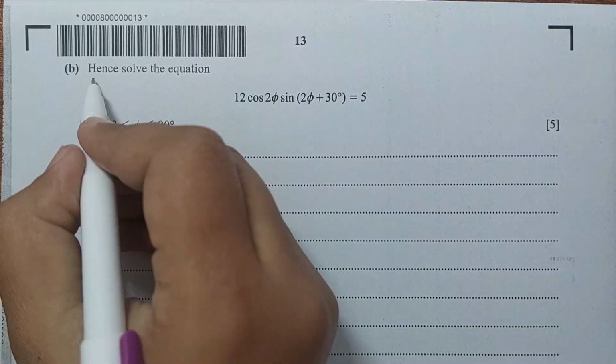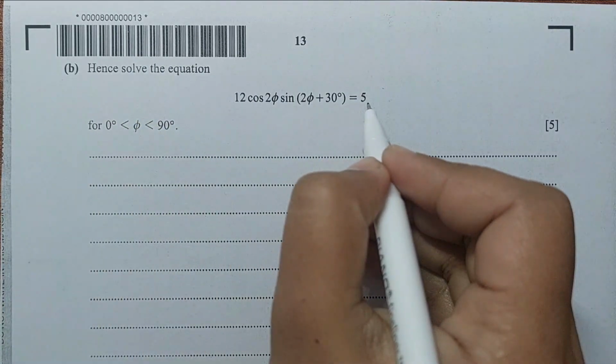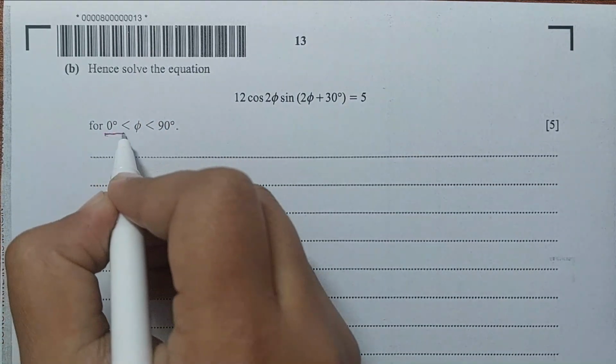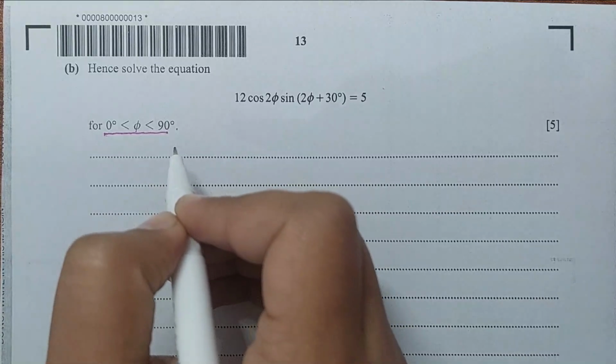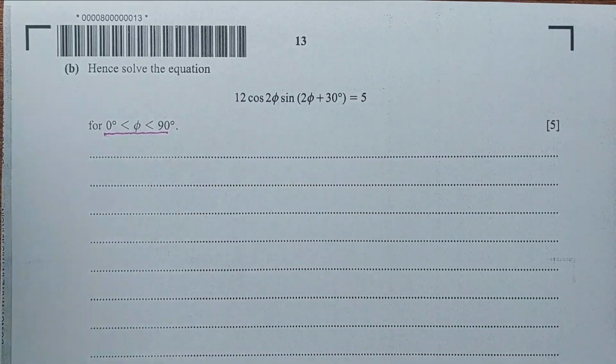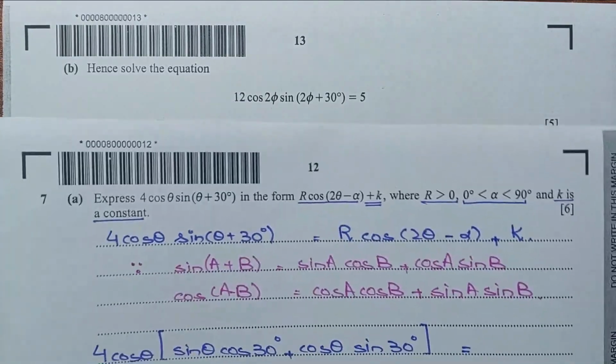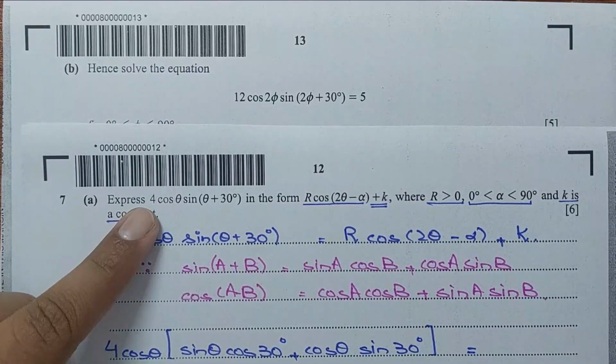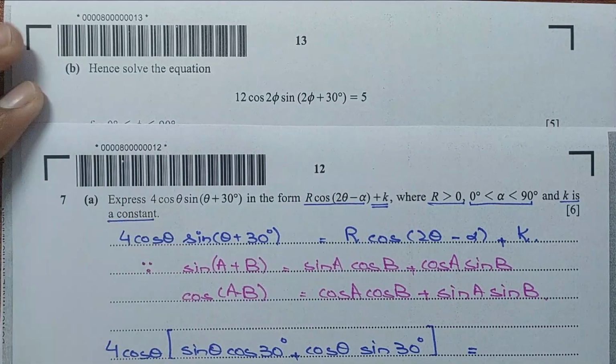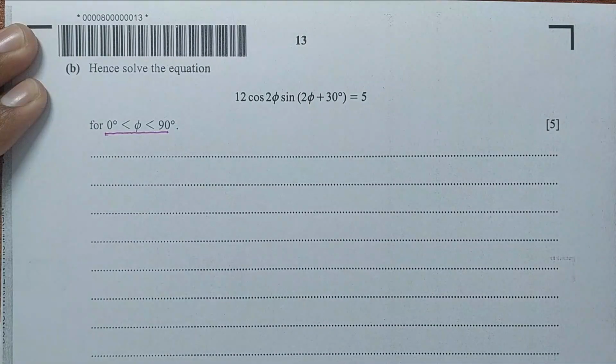Now for part B, hence solve the equation. This equation equals 5 and phi should be between 0 and 90 degrees, in the first quadrant, right? So if I make a comparison with the first equation, okay, let me write it down.